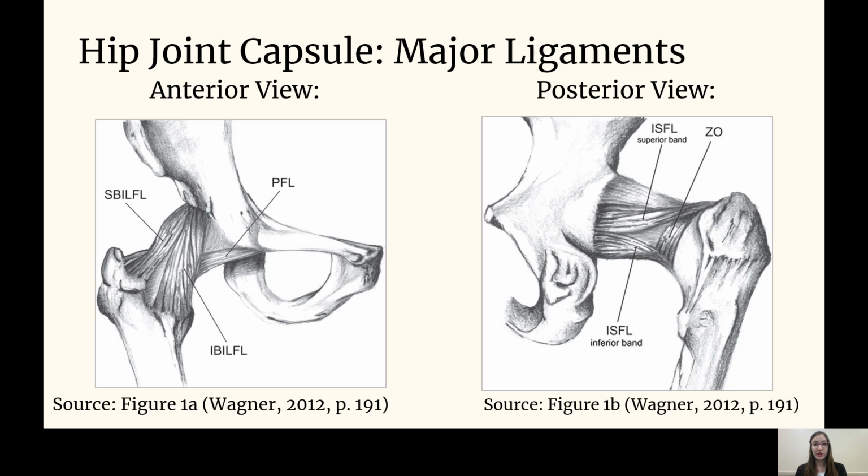However, in more normal ranges that are utilized in daily life, such as mid-range of flexion, abduction, and adduction, these ligaments provide quite a bit of slack so that normal movements are not inhibited.